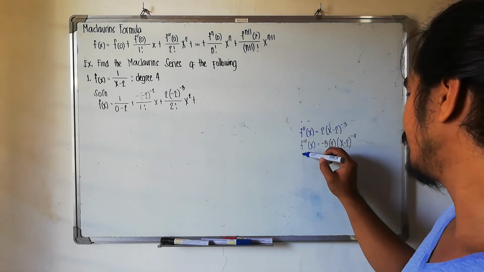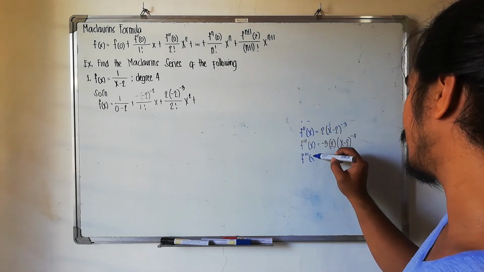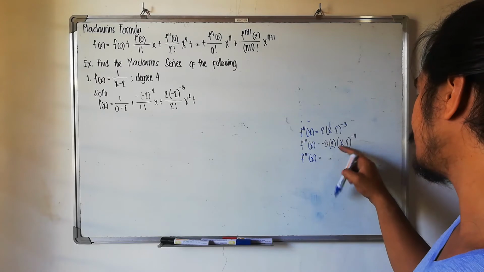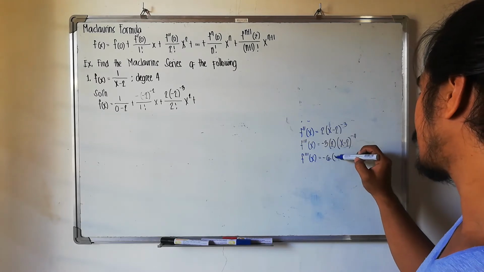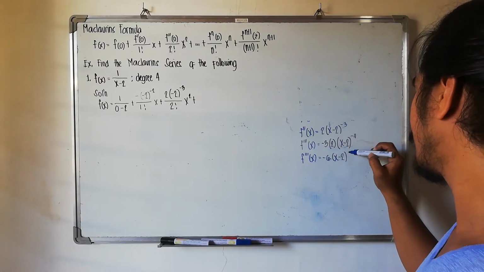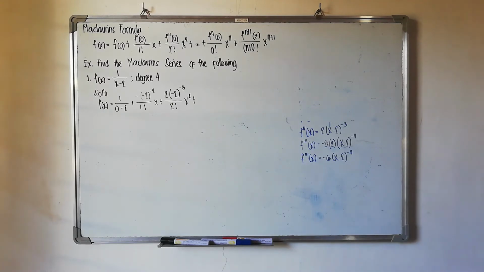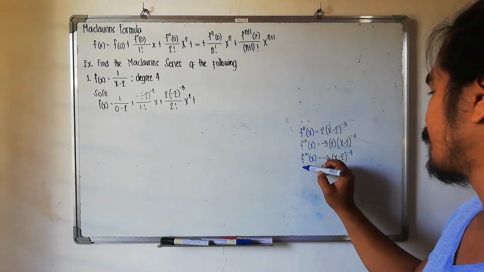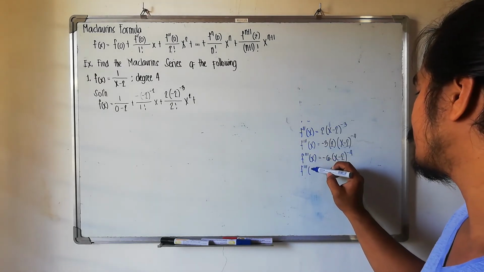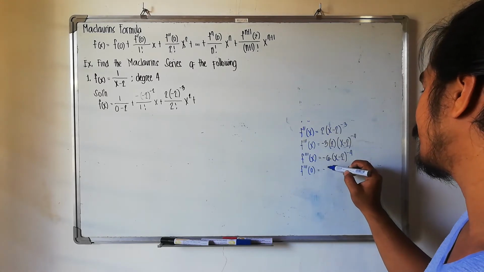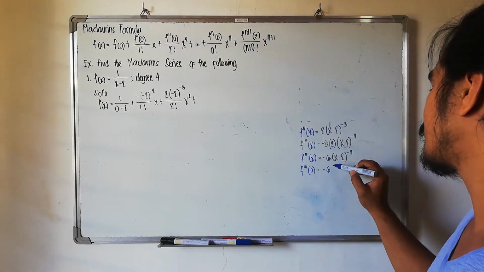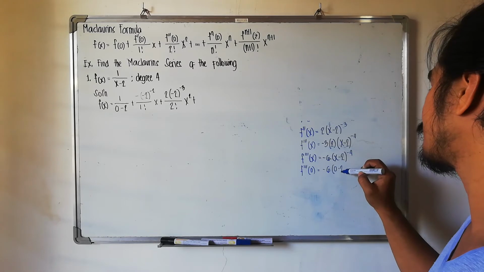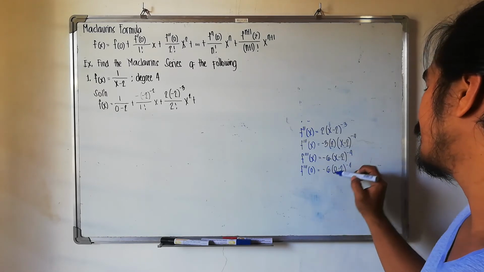So simplify. So negative 3 times 2, that is negative 6 times x minus 2 to negative 4. So the function in terms of 0 is negative 6 times 0 minus 2 raised to negative 4.